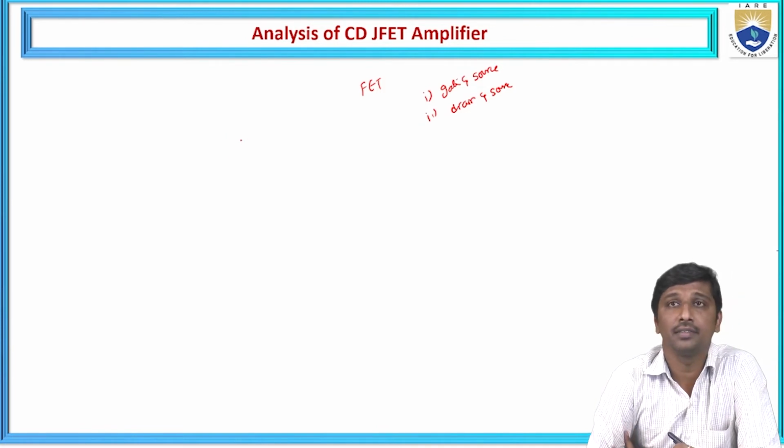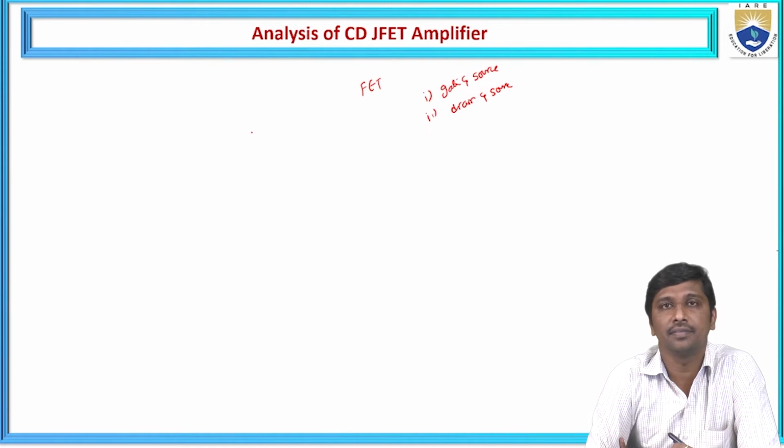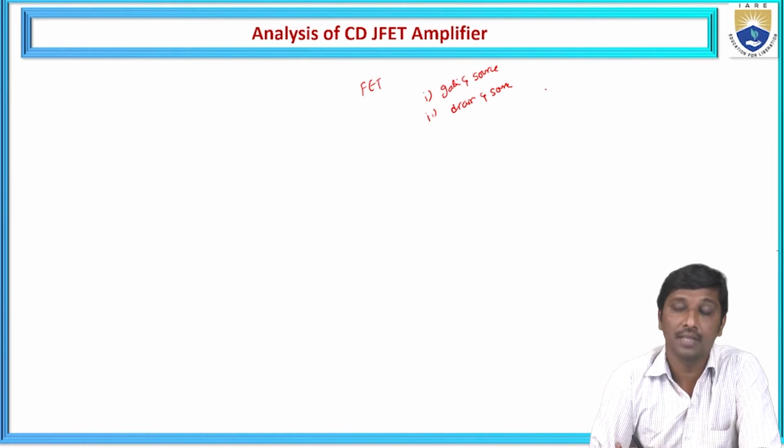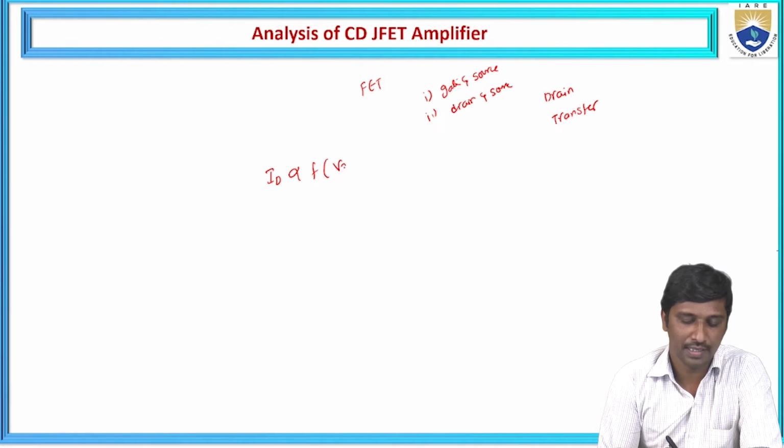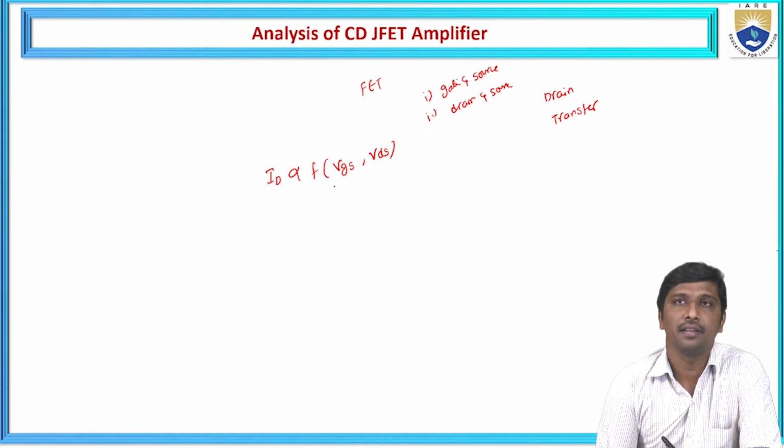From that, we already observed the characteristics of the FET. We have two types of characteristics: one is drain characteristics and another one is transfer characteristics. From these, we observe that the drain current is a function of two biasing voltages, VGS and VDS, where VGS is the gate to source voltage and VDS is the drain to source voltage.